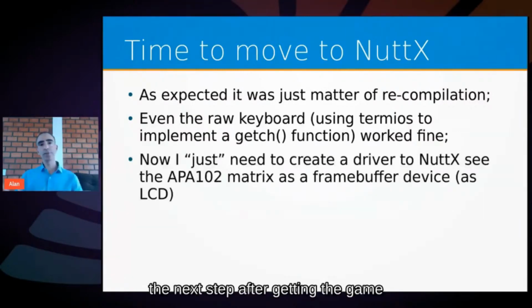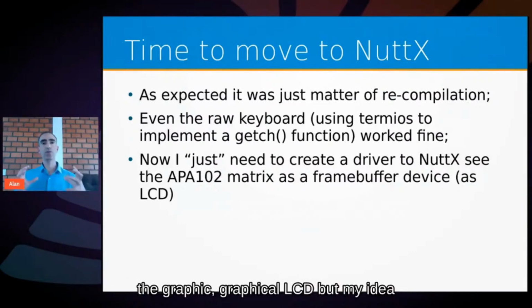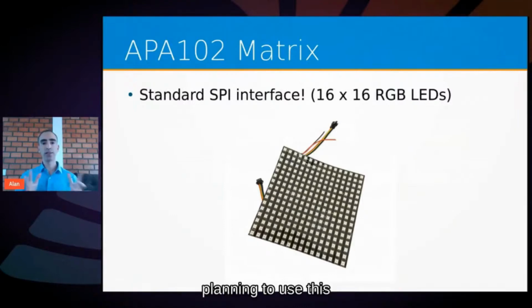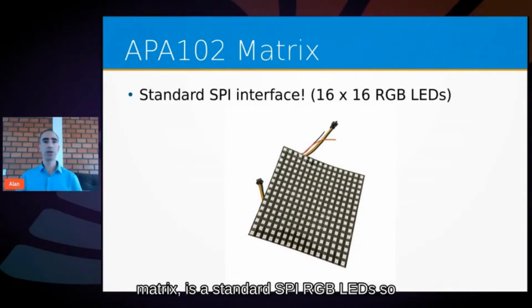The next step after getting the game working in text mode was to integrate the interface with a graphical LCD. But my idea was not to use an LCD; instead I was planning to use this RGB APA102 matrix. It is a standard SPI RGB LED.